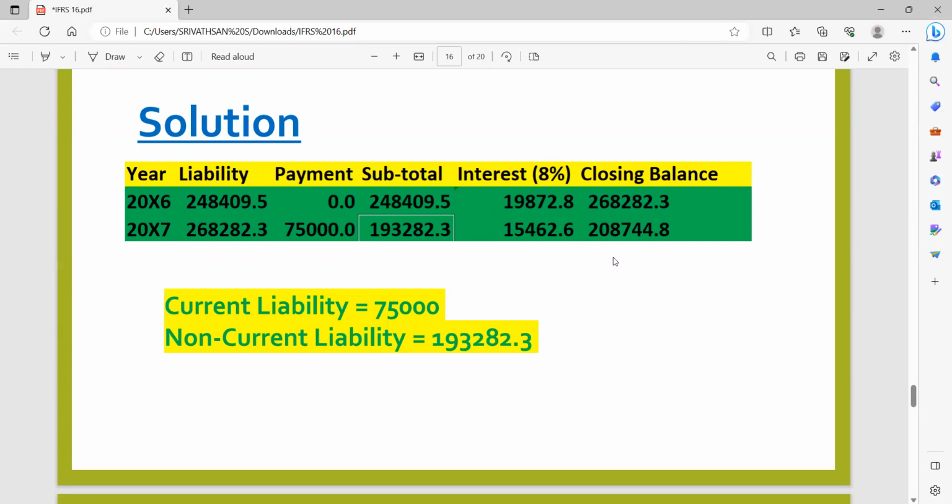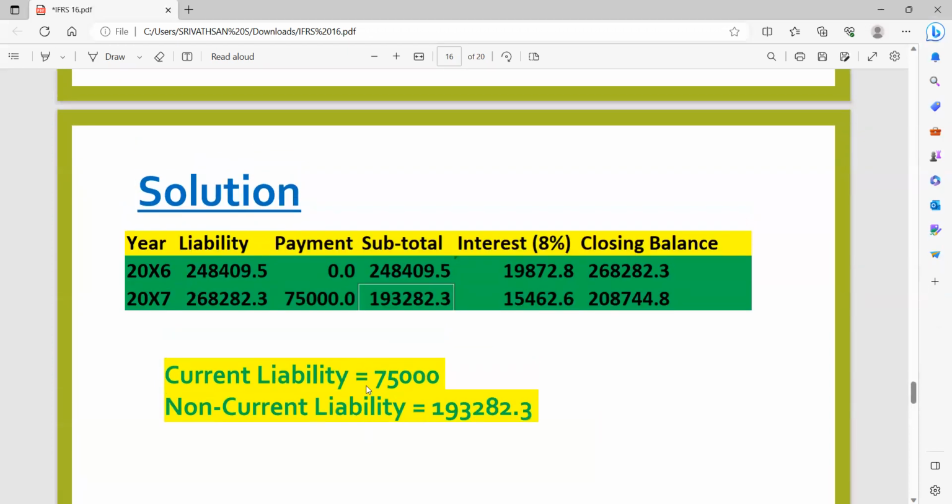So in a nutshell, this is important. The current liability is nothing but this 75,000, and your non-current liability is the closing balance minus this amount, that is, the subtotal of 193,282.3.